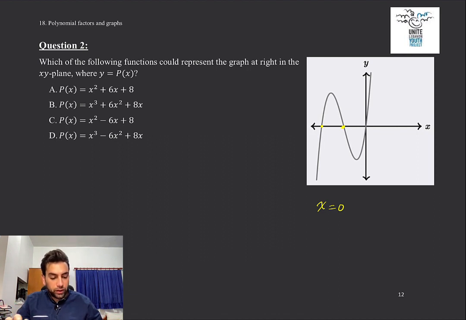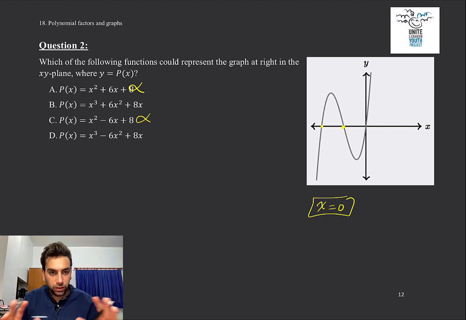Thus my zeros should be negative. Now, knowing that one of my zeros is x equals 0, p of x should be divisible by x. And choices A and C are not of this form. Thus, we need to cancel out those two choices, and we will be left with choice B and D.